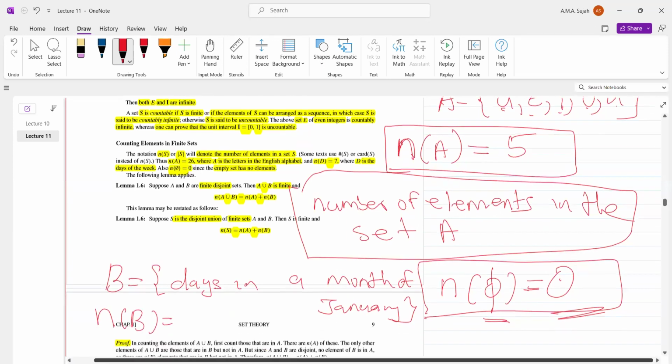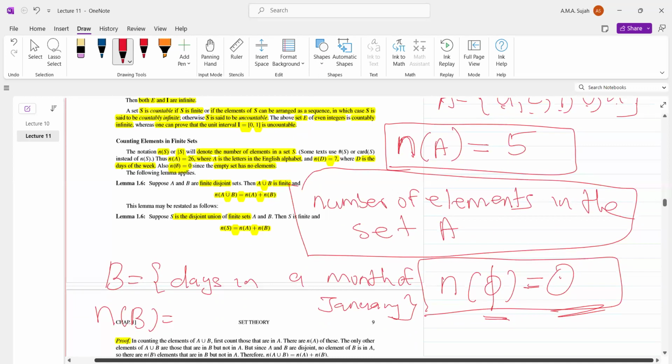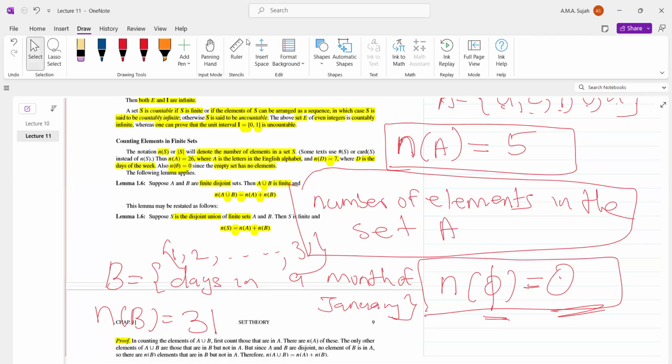Number of B means what? Days in the month of January. How many days? The elements are starting from 1 to 31, right? January has 31 days. So how many elements? Number of B is equal to 31, right? So this is the way we can count the elements, right?